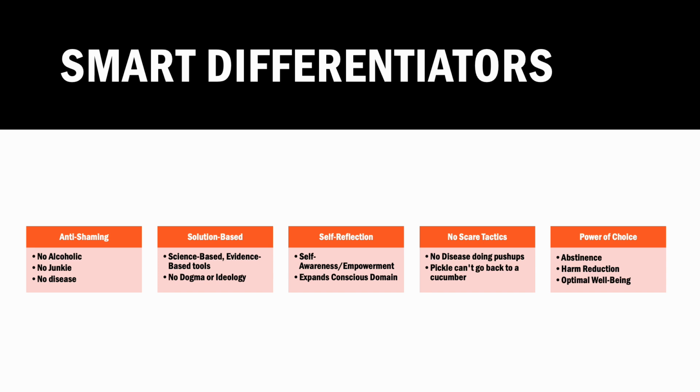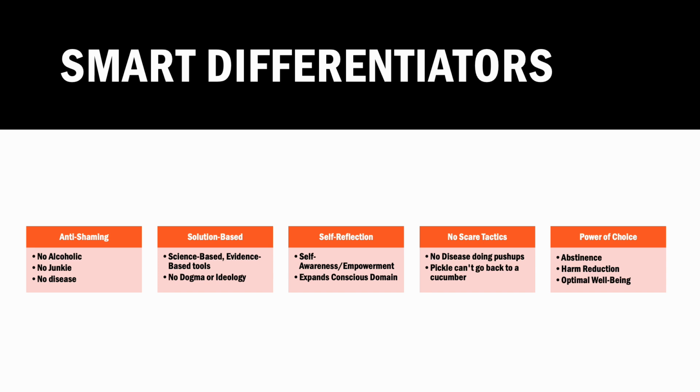This also means that SMART is anti-dogmatic and anti-ideological, relying on evidence and some humanist principles for guidance. Thirdly, many of our tools and strategies help you expand your conscious awareness through self-reflection, meditation, or similar protocols. The mantra here is that you can't solve a problem you're not aware of. As such, the more we are aware, the more self-empowered we become.